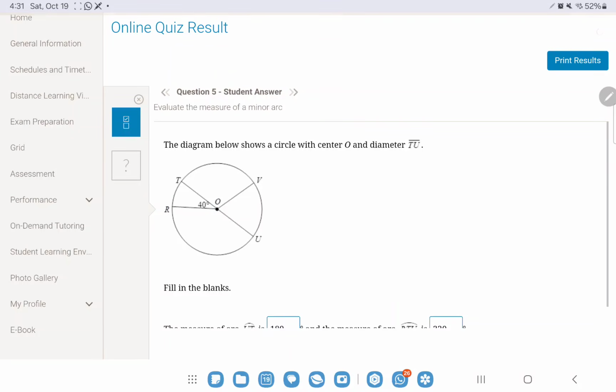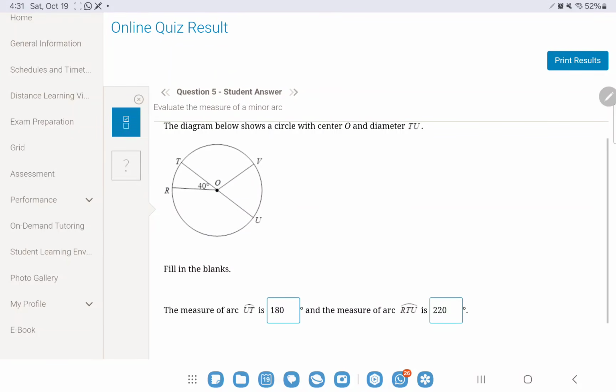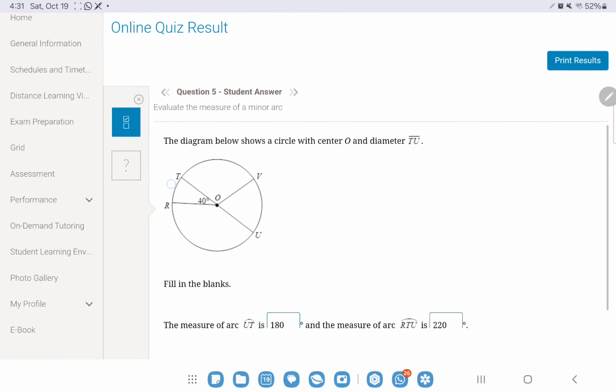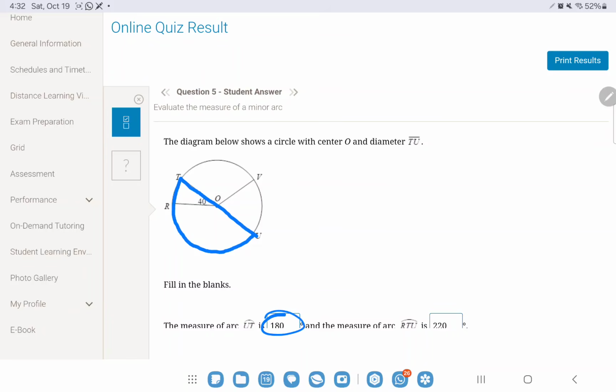Next question. The measure of UT is half a circle. We know that half a circle is a semicircle, and the semicircle is half of 360, which makes it 180 in this case. Or well, in all cases, a semicircle is 180 degrees. And the measure of RTU.